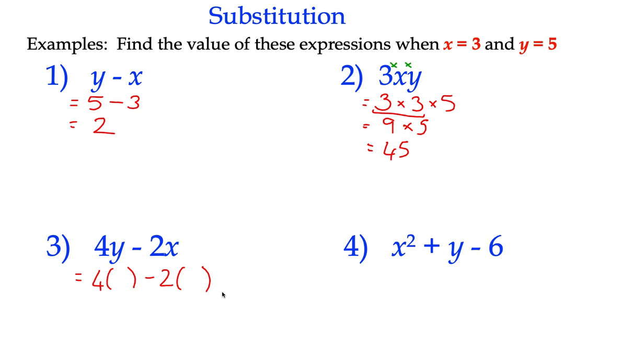It still means multiply, okay? And what that does is it keeps the shape, and then if we drop 5 into it for y, and 3 in instead of x, there are fewer multiplication signs going around, and that's quite a good thing sometimes. So the 4 and the 5 still multiply to 20, and the 2 and the 3 multiply to 6, and we've still got a subtraction.